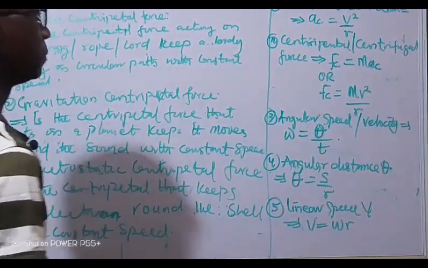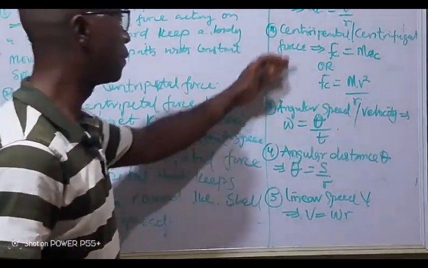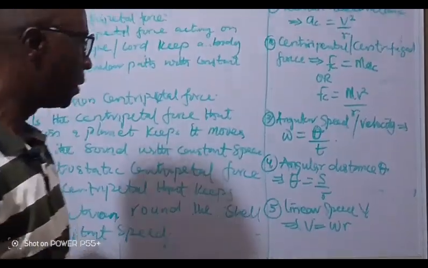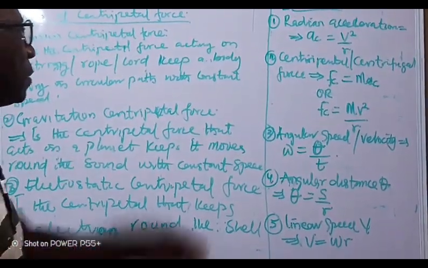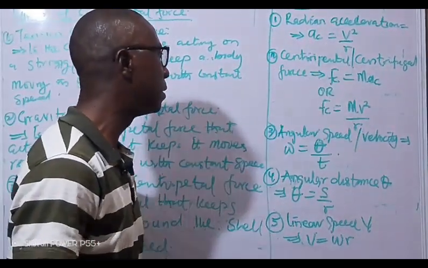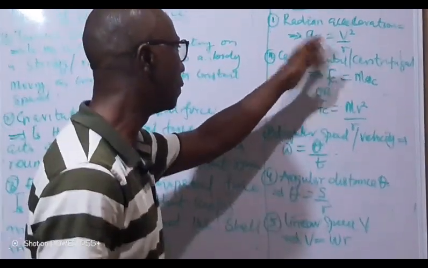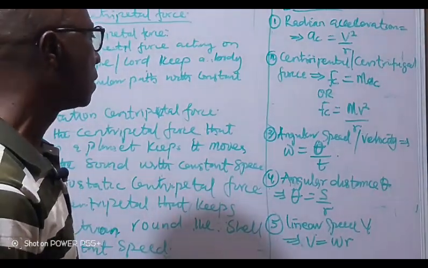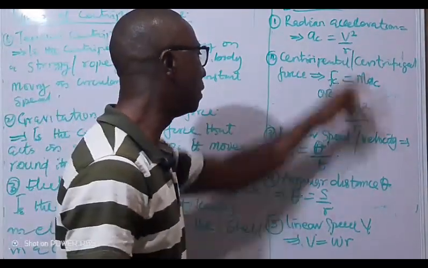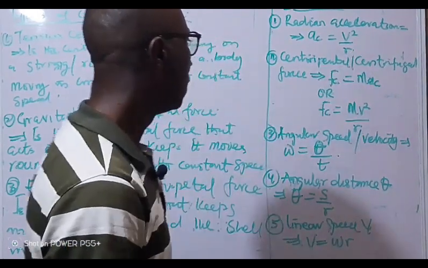So today in our discussion, we've come across all these formulas. And don't forget what each notation stood for. For instance, AC is centripetal acceleration or radial acceleration. V is velocity. R is radius of the circular path or distance.